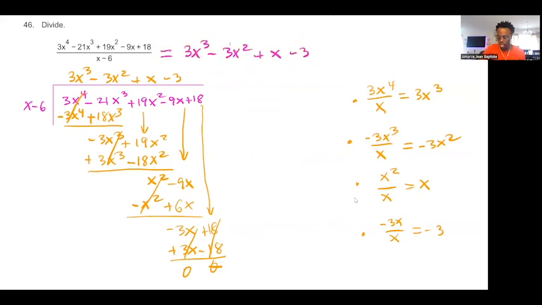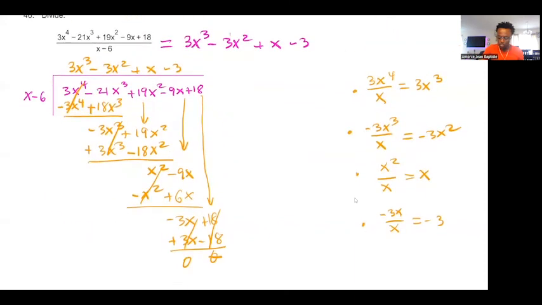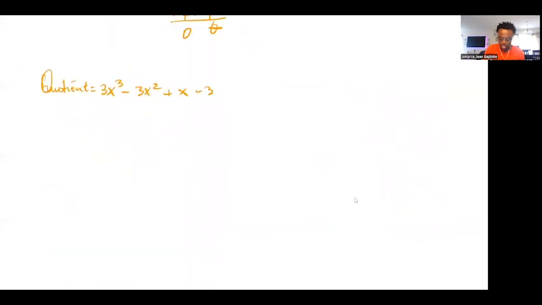And then we can do the synthetic division here, right? Let's try it by synthetic division. With the synthetic division, we process the same way.